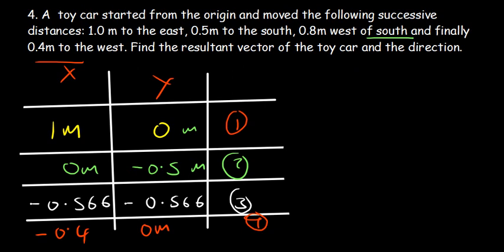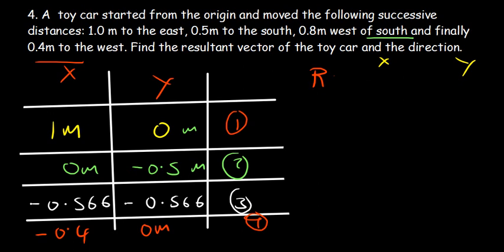So for the resultant, we need to do a summation of the x and the y components respectively. So that is our resultant. We have our x, and then we have our y components, right? For your x, you would want to add up everything on the x part. So we have 1 plus negative 0.566 minus 0.4.